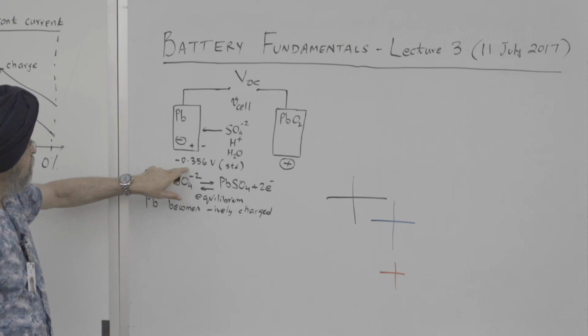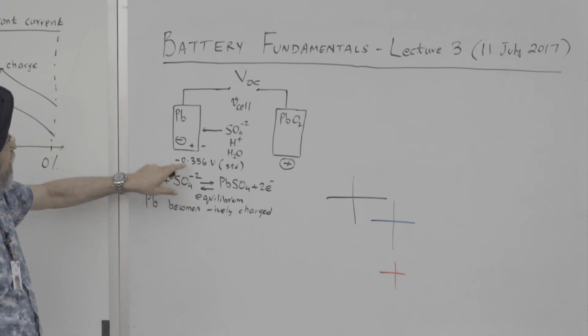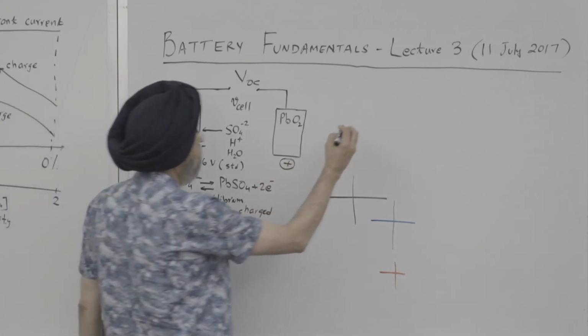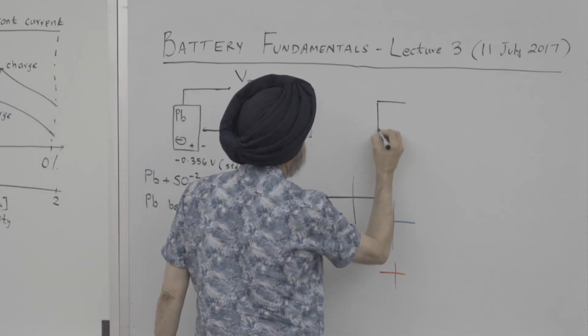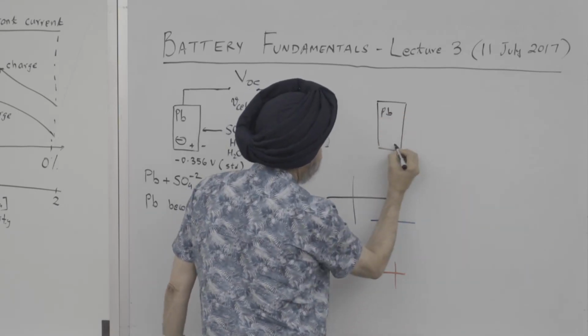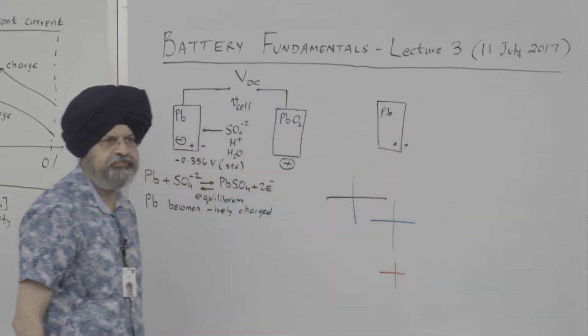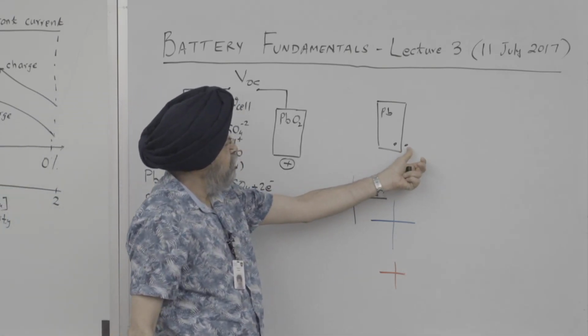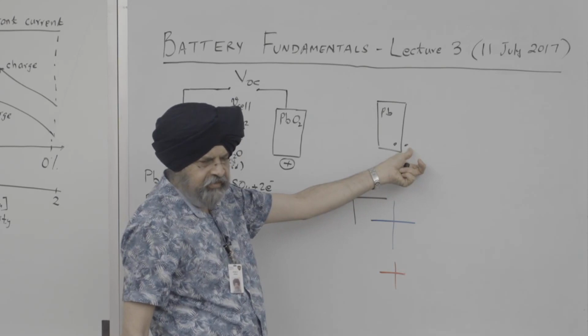Now, let me just digress a little bit. How do you measure this potential between the liquid and the metal? So if I have a metal, let's redraw over here, lead in a liquid, I want to measure this potential. So you need to put a device over here to measure, like a piece of wire or something.